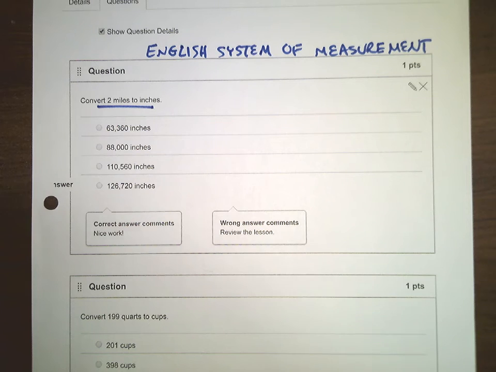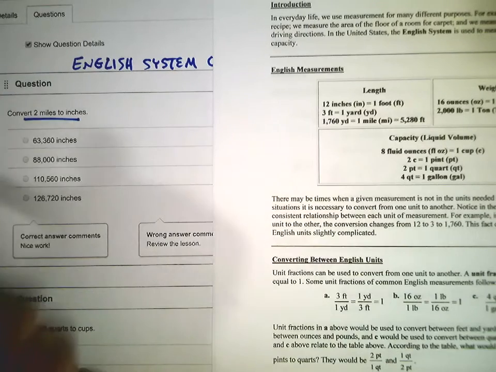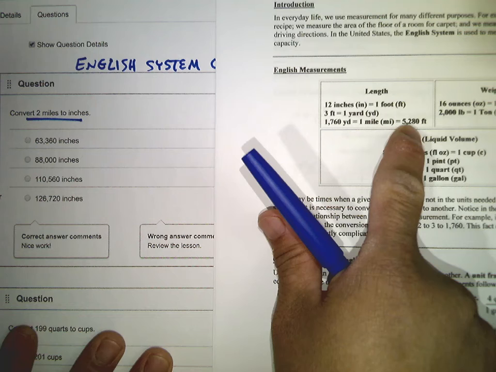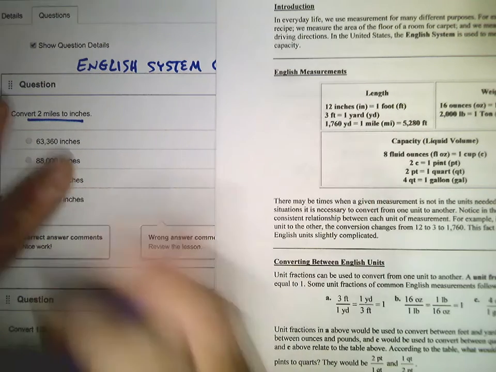All right, so if I look at our lesson here, we can't convert directly from miles to inches because we just have 1 mile equals 5,280 feet. So let's write that down.